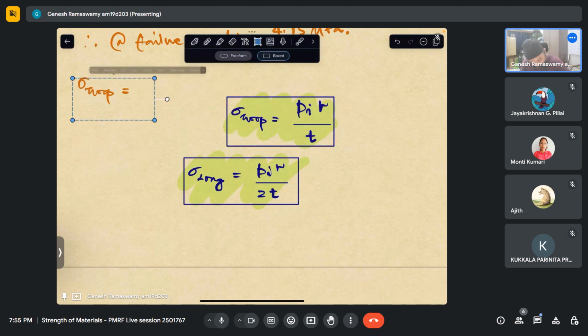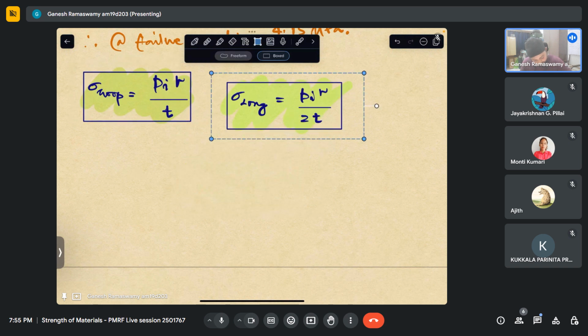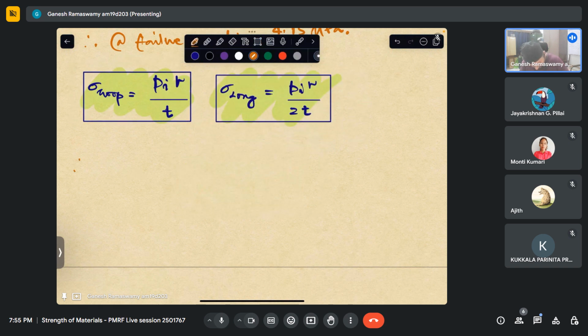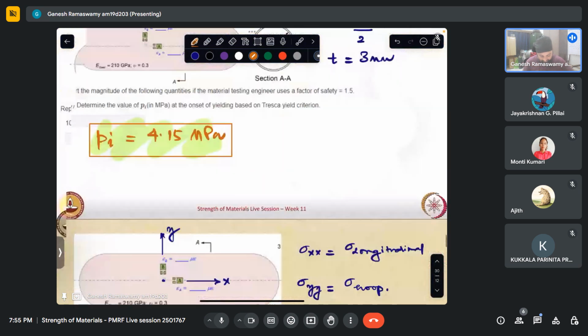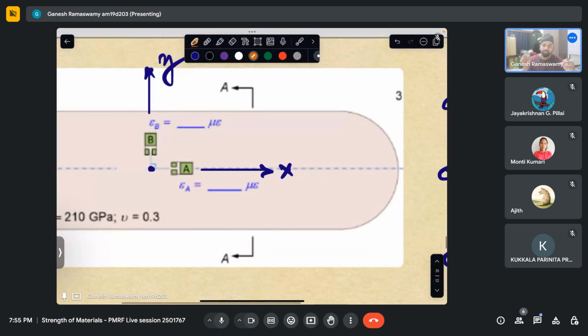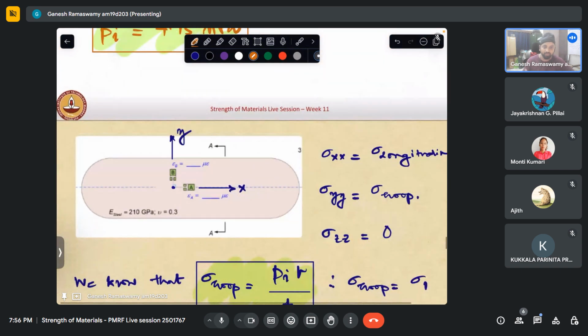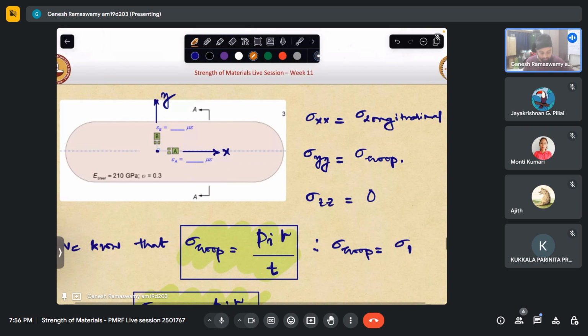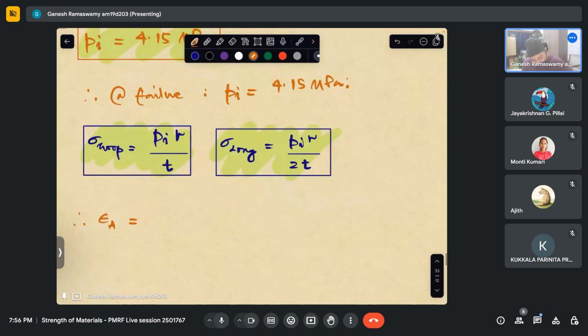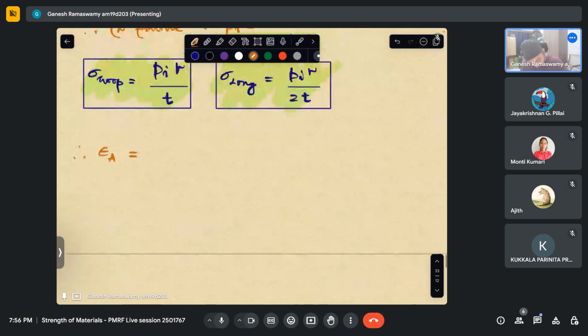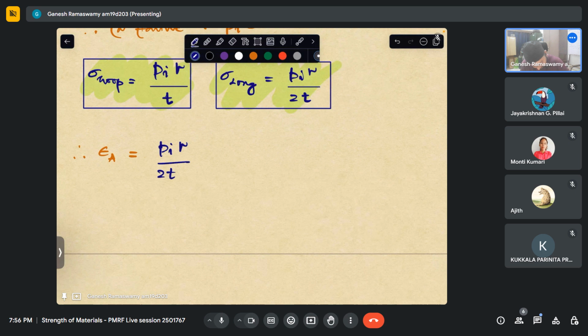So therefore, epsilon A, in the question, we can see that A is actually pointed in the longitudinal direction. So its main component will be longitudinal, and because of Poisson's effect, the hoop stress will also contribute to the strain. So this will be nothing but Pi r by 2TE minus mu Pi r by TE.